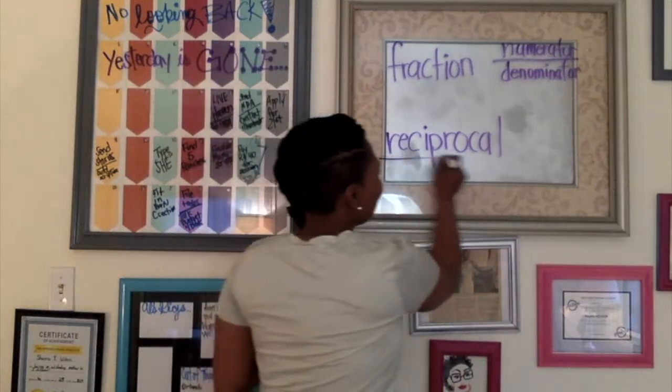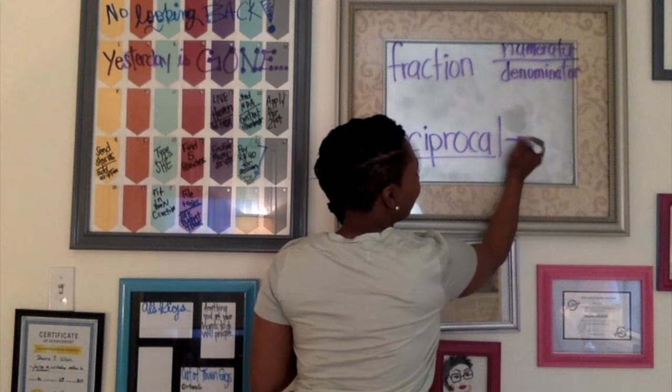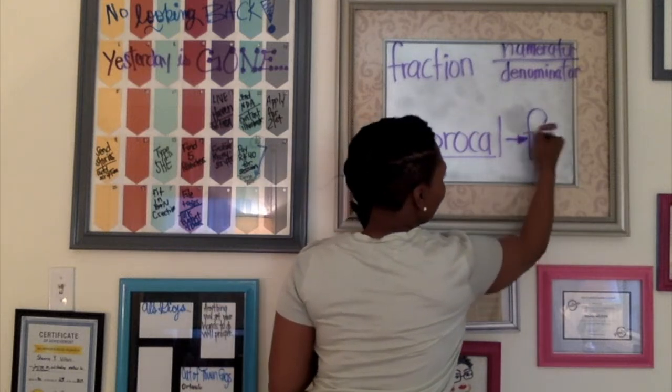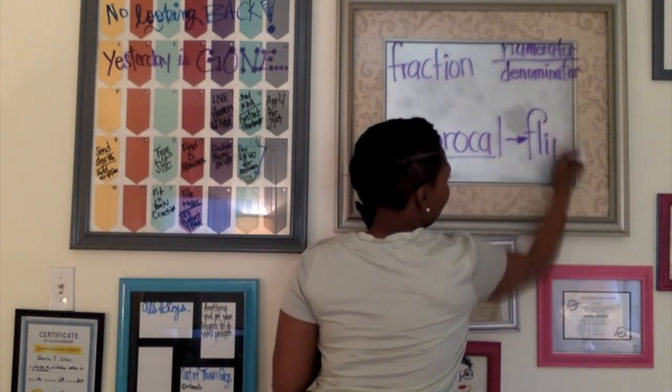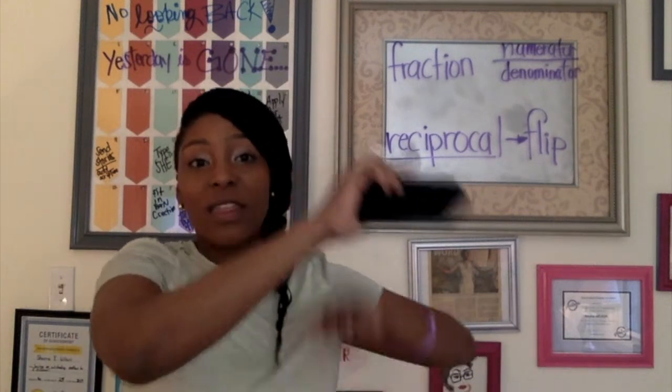Reciprocal is the math word for, I like to say, flip. A short, sweet way to describe what the word reciprocal means: it means to flip. It means to change the numerator with the denominator, or the denominator with the numerator. So a reciprocal means to flip. So in order to divide fractions, what do we have to do?